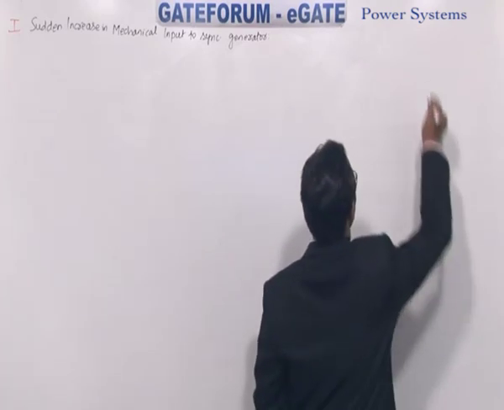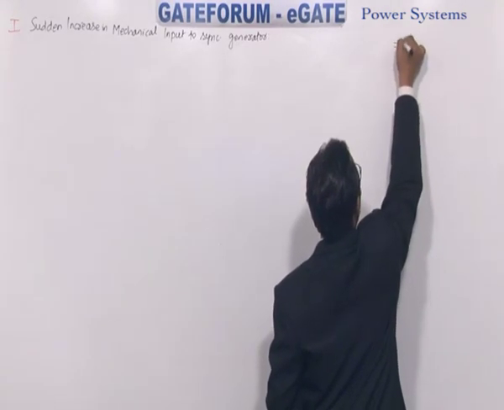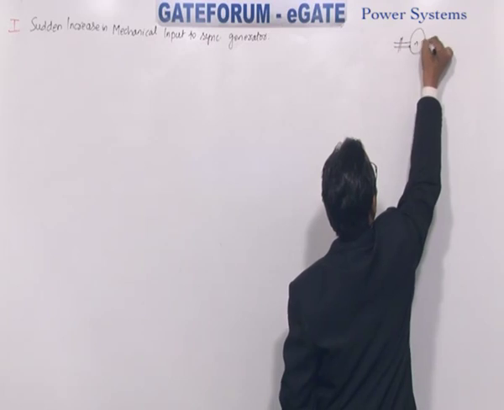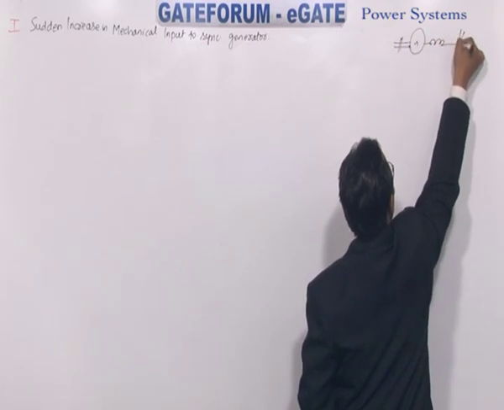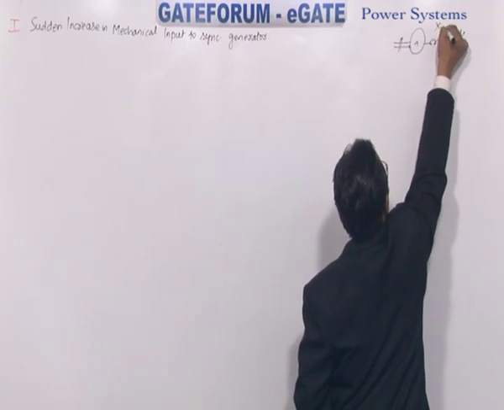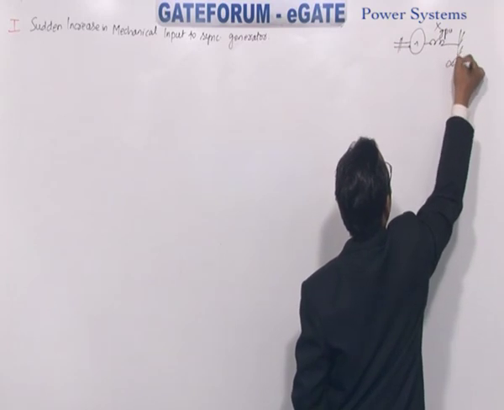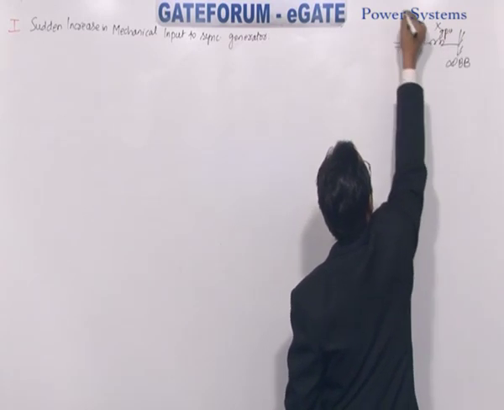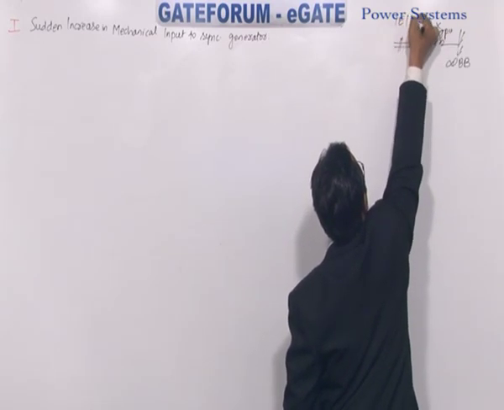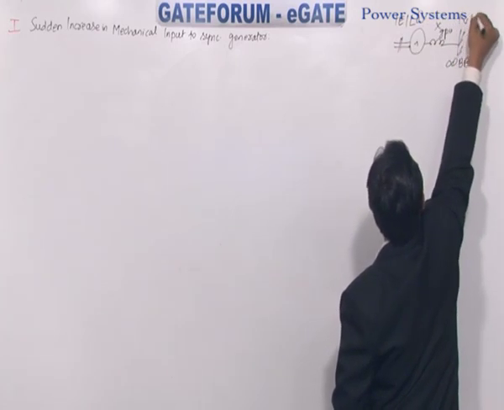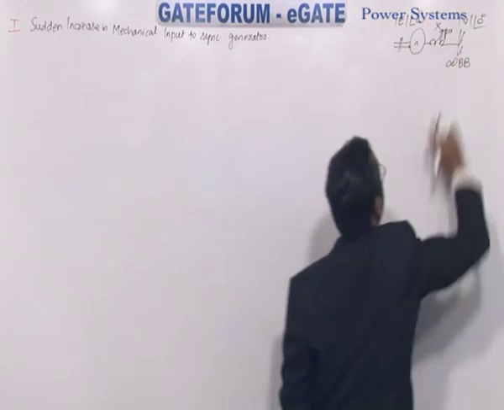So we represent the synchronous generator here along with the reactance connected to infinite bus bar. What about this angle? E angle delta, bus bar V angle 0.